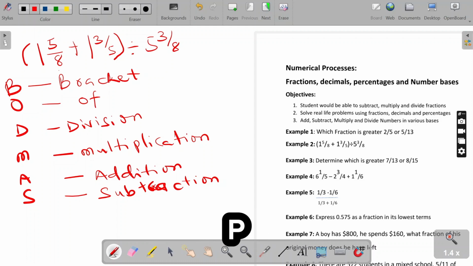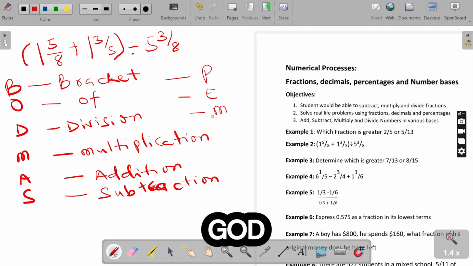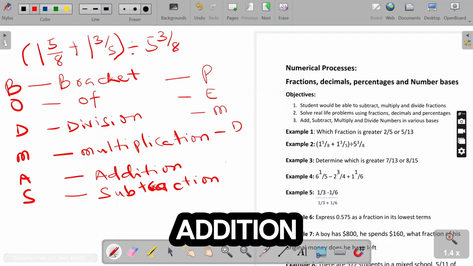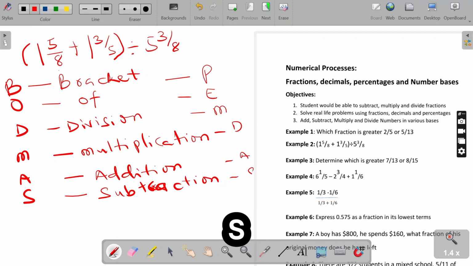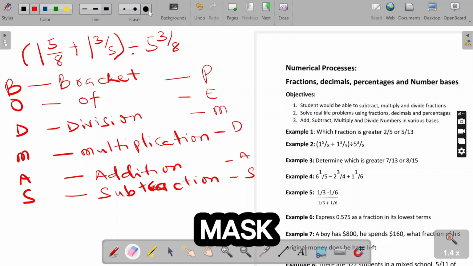Instead of B, we have P, then exponent, multiplication, division, addition, and S for subtraction. So, let's use this BODMAS. This is simple enough for our understanding.